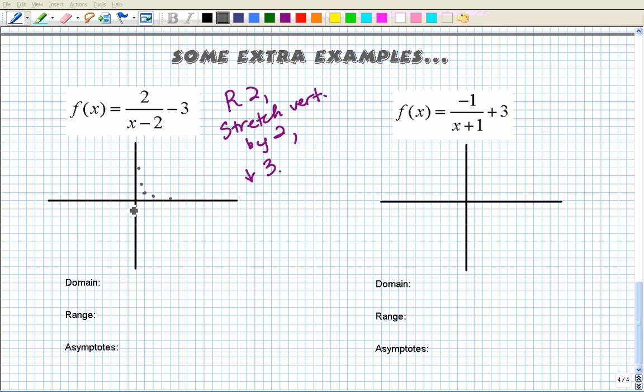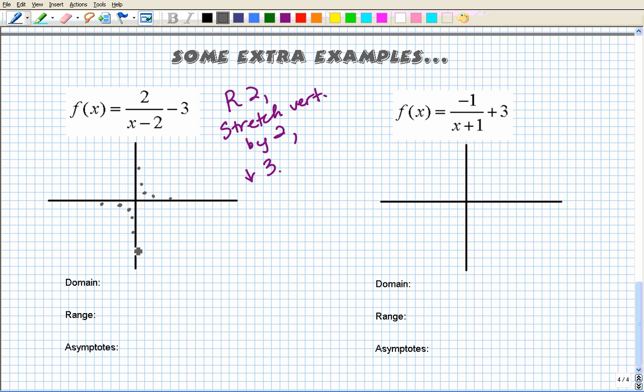And then the negative side, let's put that on there as well. Okay, so those are the parent points. And you could take each individual point, move it to the right 2, stretch it vertically by 2, so multiply the y value by 2, and then move it back down 3.